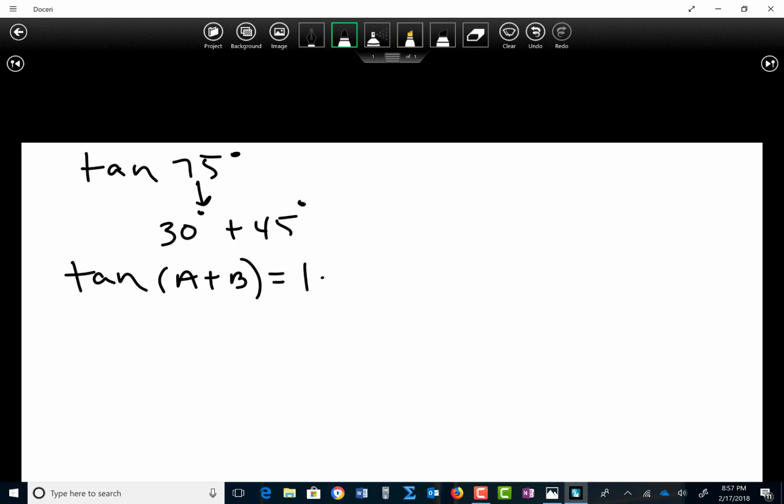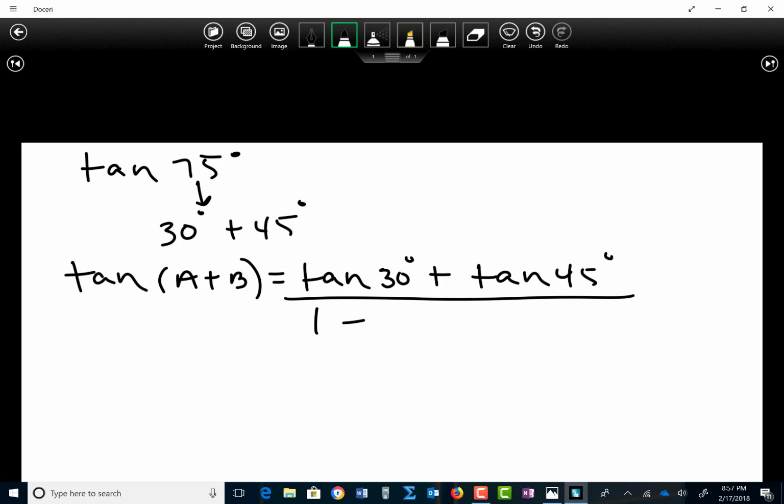Is tangent of A, so tangent of 30, plus tangent of B, so tangent of 45, over 1 minus tangent of A, so tangent of 30, times tangent of B, so tangent of 45.